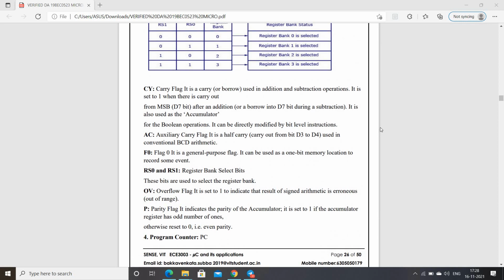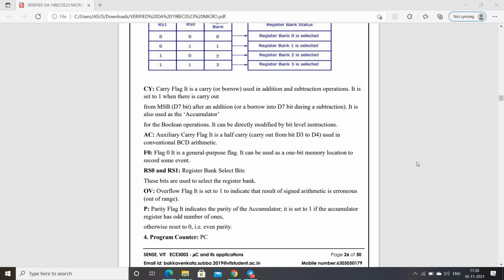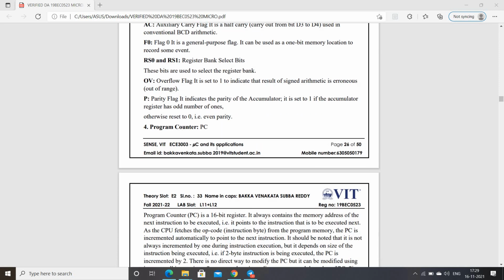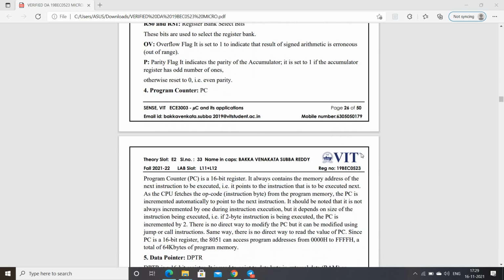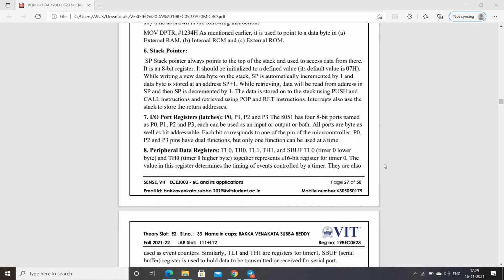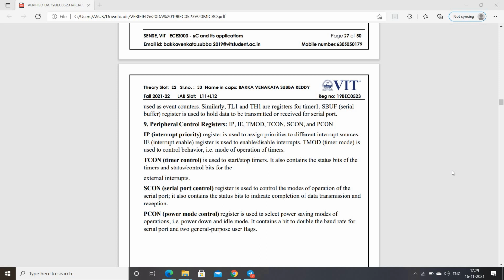And this is the carry flag, auxiliary carry flag, flag 0, register bank bits RS0 and RS1, overflow flag, parity flag, program counter, data pointers, stack pointers, input output port registers, peripheral data registers, and the ninth one is the peripheral control registers.